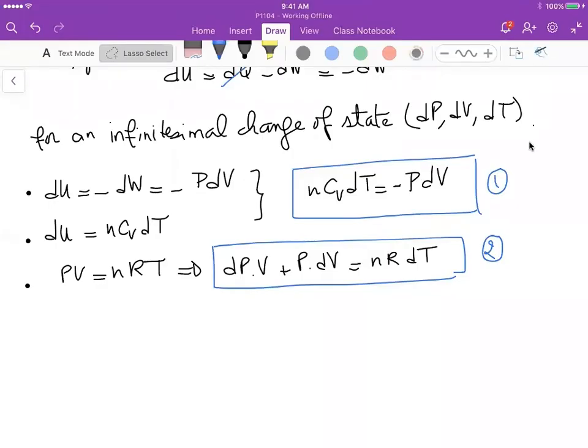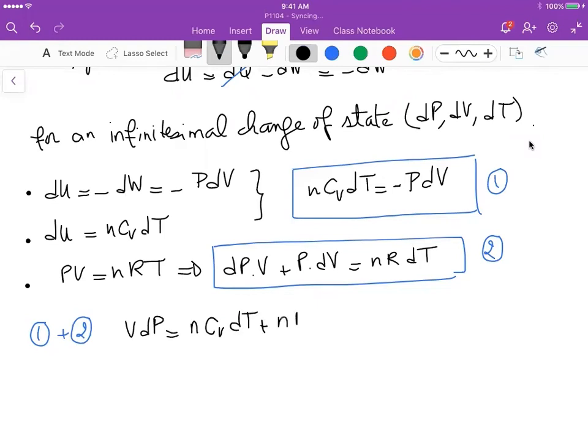So now if we sum up equations 1 and 2, we just do 1 plus 2, we end up with minus P dV plus P dV, which cancel each other, leaving V dP equal to n Cv dT plus nR dT. If we put n and dT in common factor, we get n (Cv plus R) dT.